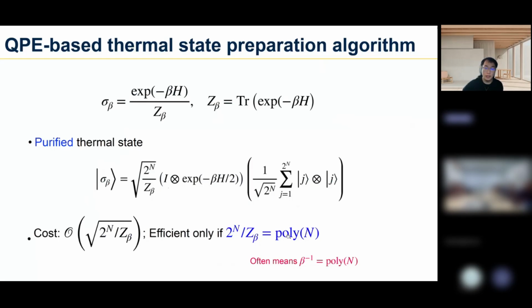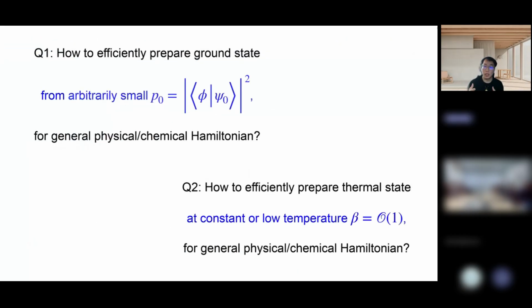In a lot of cases, this basically means we require the temperature, the inverse of beta, to scale polynomially in the number of qubits, which is a very high temperature regime. This is in fact not very good, because the QPE-based algorithms have several disadvantages.